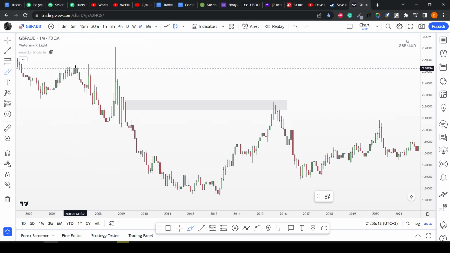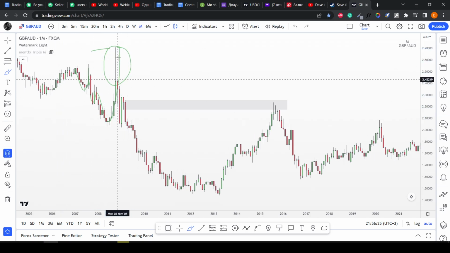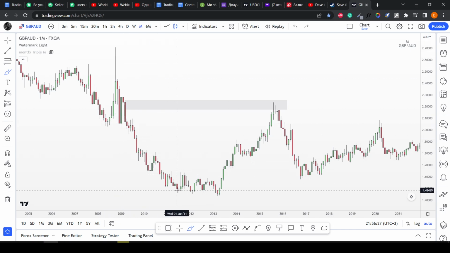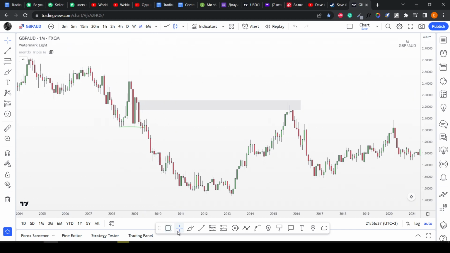We had these moves, and then this one mitigated everything that it basically wanted to mitigate and started this huge move to the downside. So we see that this move to the downside started from this huge manipulation. And if we look closely, we see how the price developed.